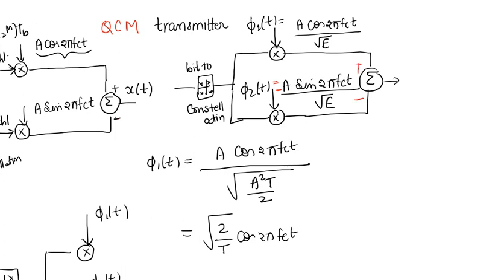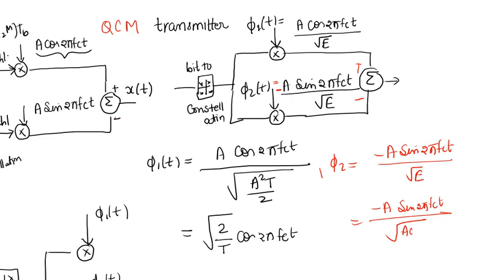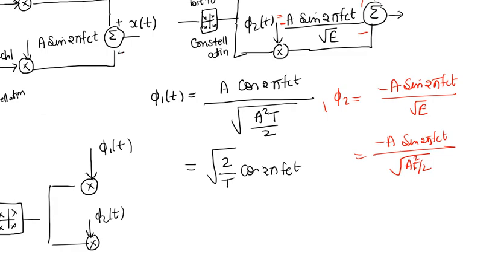So phi 2(t) is minus A sine of 2 pi FCT divided by square root of E, which is minus A sine of 2 pi FCT divided by the square root of A squared T by 2. So in a few books you will find QCM like this.